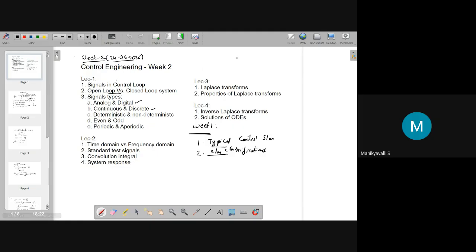And we also went through the definition of the Laplace transform, right? So in the next class, we will go through some properties of the Laplace transform and how to solve problems based on them. Then we will go through inverse Laplace transform and solutions of ODEs using Laplace transform. Have any other doubts? Is it clear now?